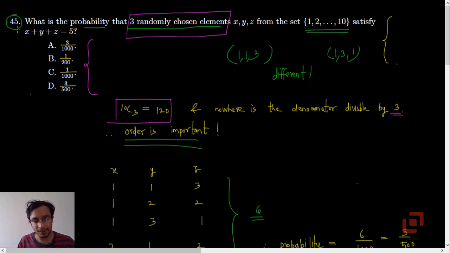For example, in this question the examiner wants you to consider the order, and the options come to our rescue and suggest that we should consider the order. So if such things happen in the examination, try to come up with the correct interpretation by taking the help of options. So order is important and repetition is allowed. This 1000 is suggesting that repetition is allowed.